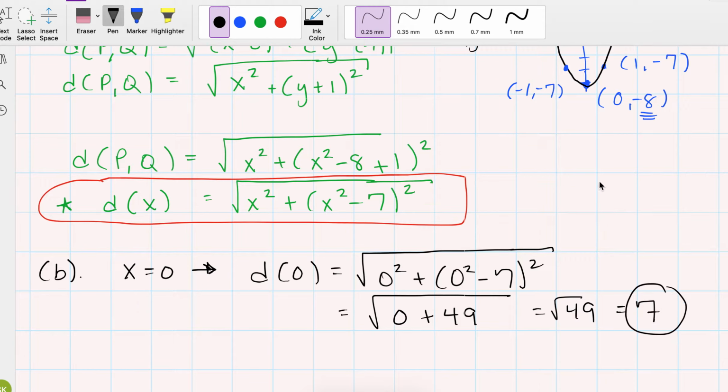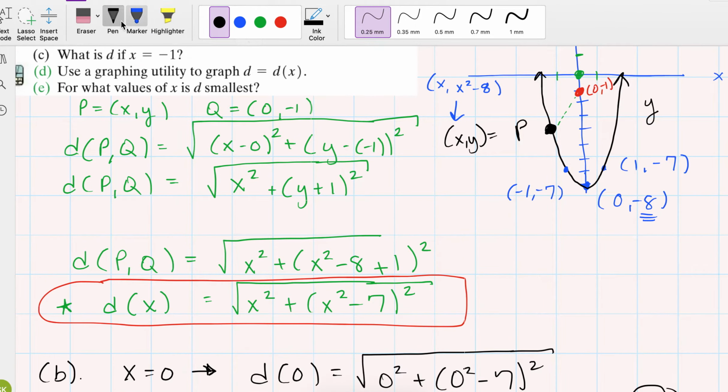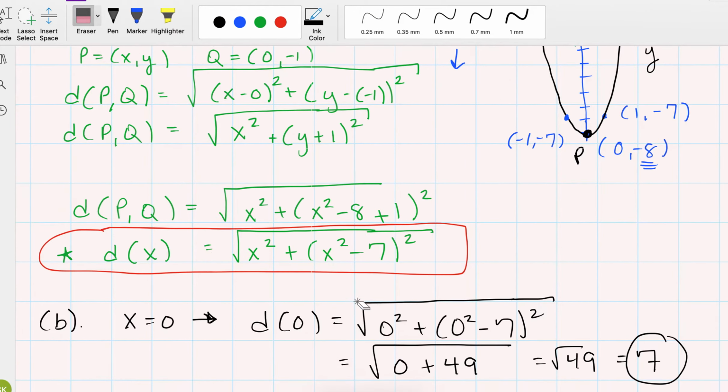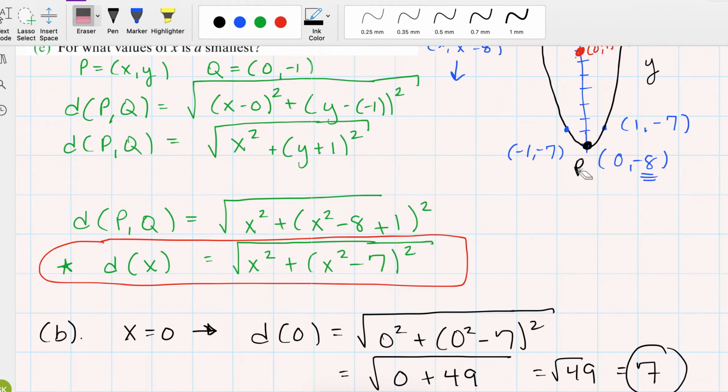And we can actually see this on the graph here, because what we're doing is letting P be this point. This is our P, because remember P is x comma y, and we're letting x be equal to 0.